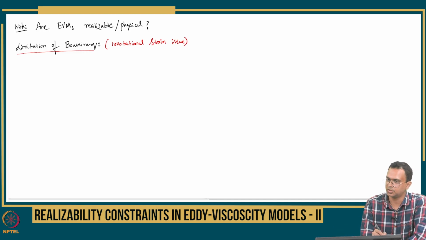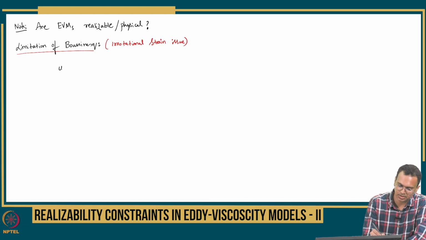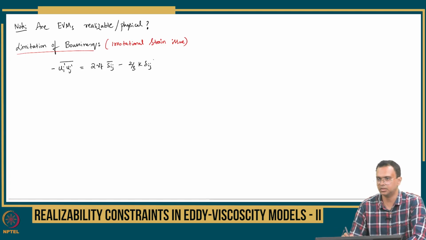If you recall Boussinesq, it is essentially minus ui prime uj prime average is equal to 2 nu t Sij bar minus 2/3 k delta ij. This is the turbulence closure using Boussinesq.